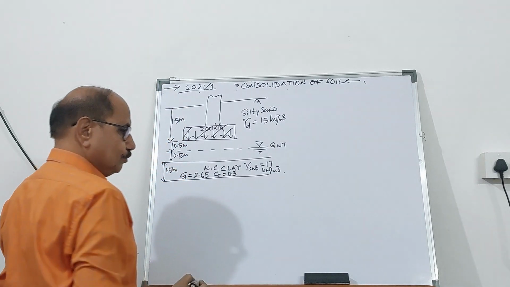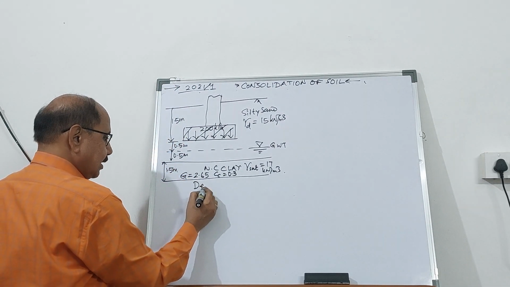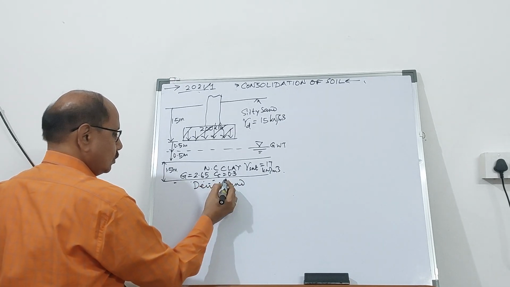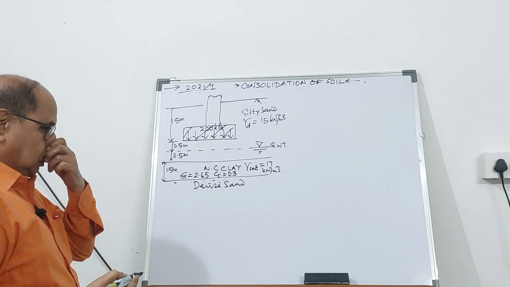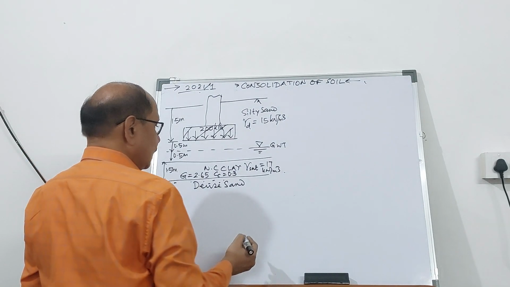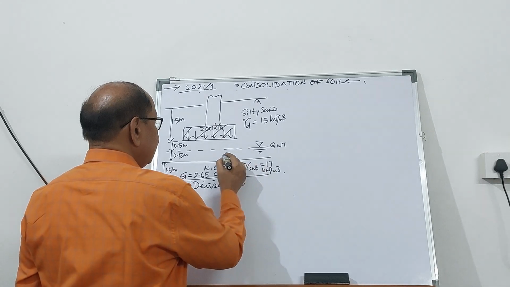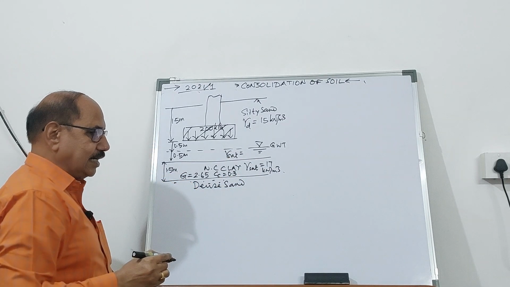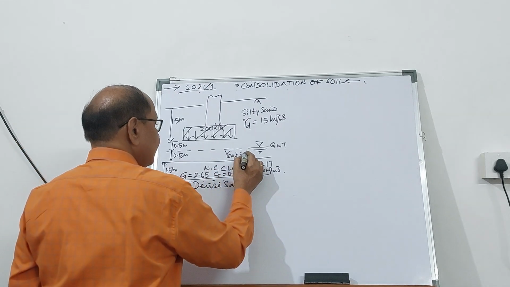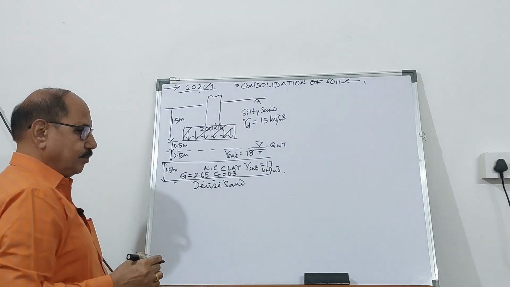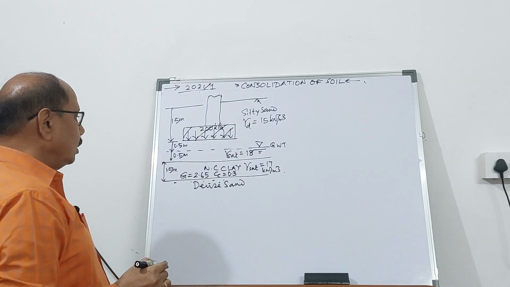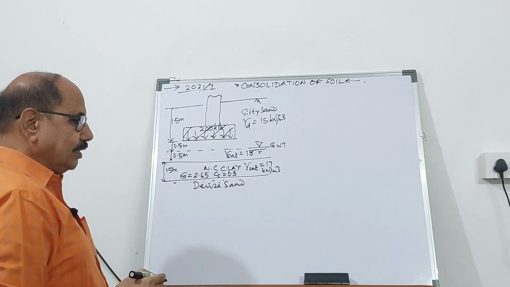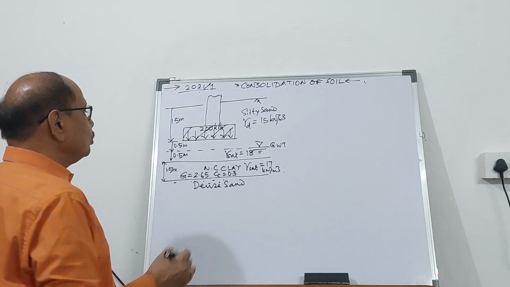And then followed by, you have dense sand. And below the groundwater table, here gamma saturated for silty sand is given to you as 18 kilonewton per cubic meter. So everything has been given in the figure, and the footing size is 2 meter by 2 meter.